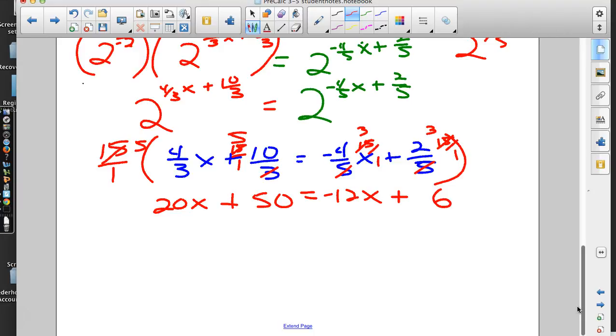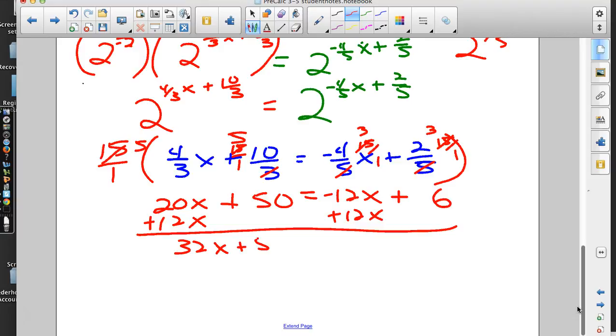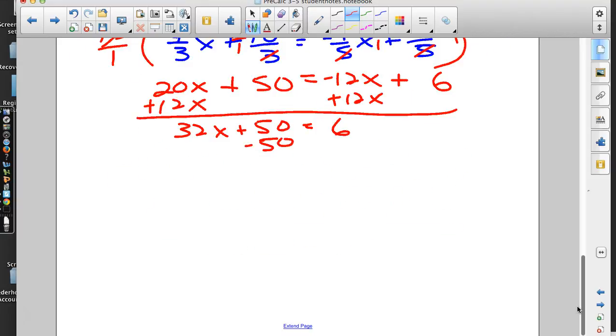Anybody else? Anything that's going to stick in your craw right now? All right, so let's add 12x to both sides. I'll put the steps in here. I don't want to lose anybody at this point. Subtract 50.